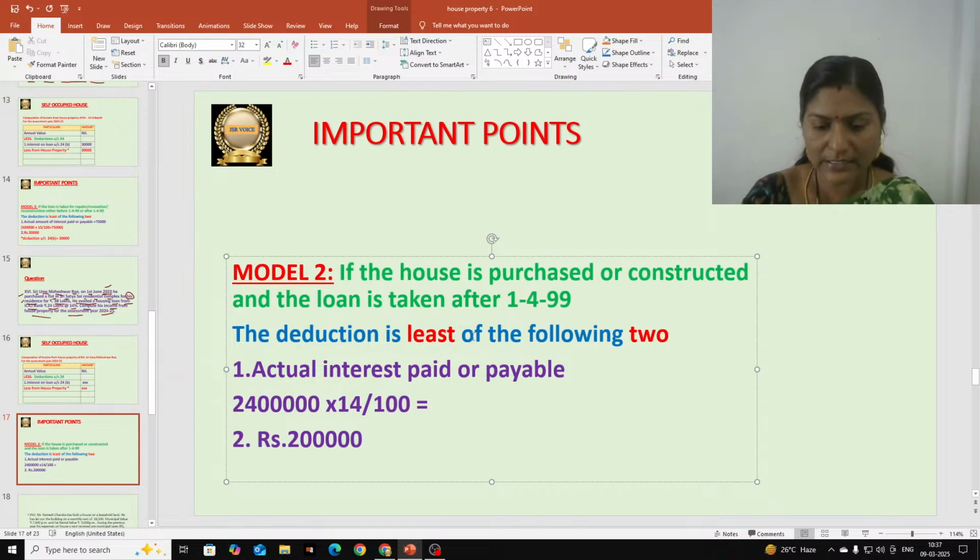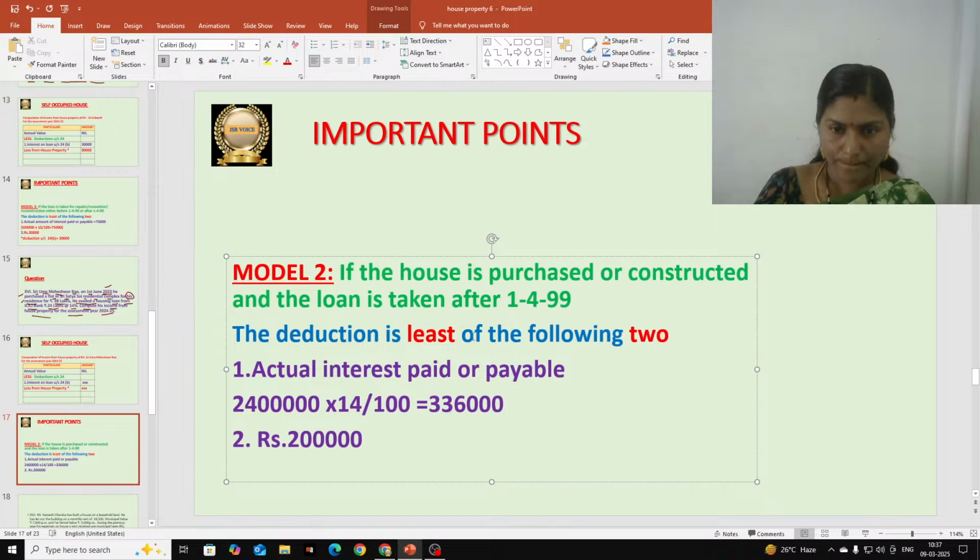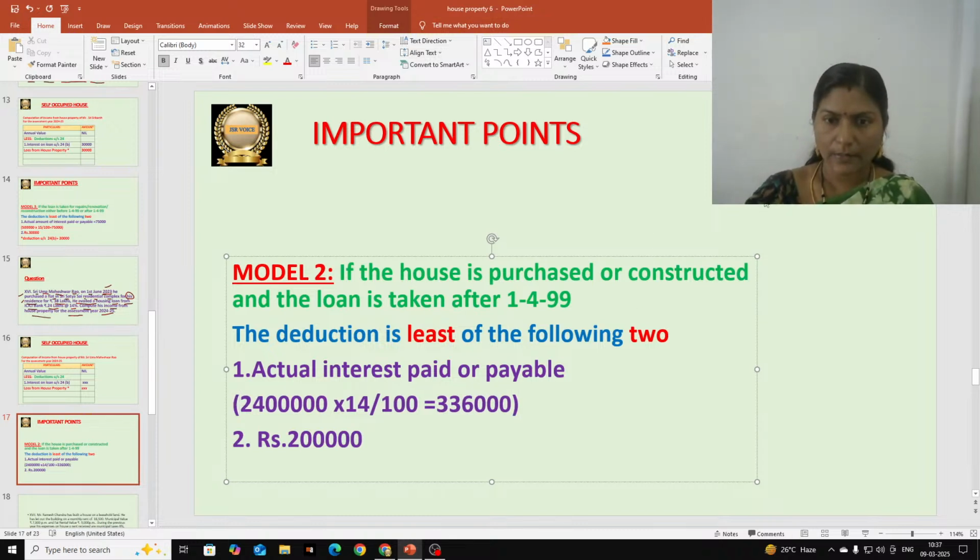Let us see. 24 lakhs into 14 by 100. So it is 3,36,000. So that is the interest. We should write here on the top 3,36,000.